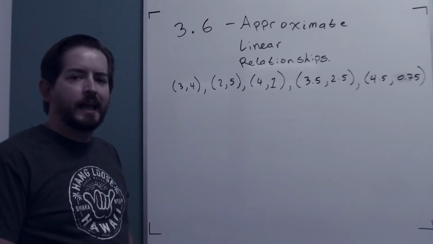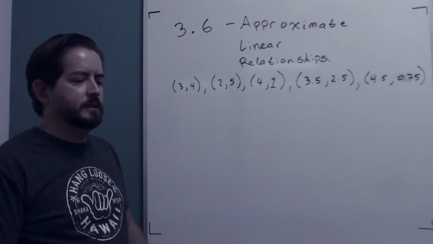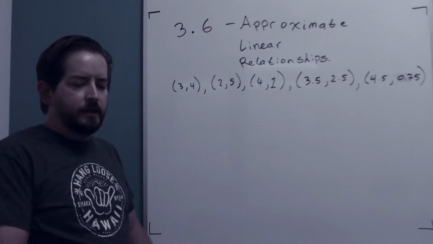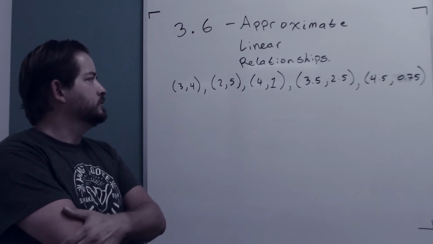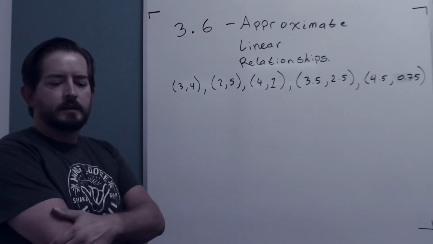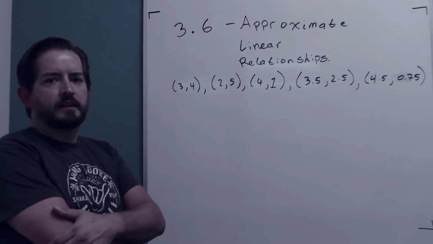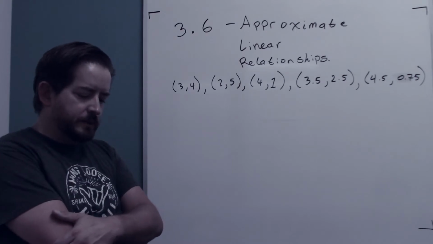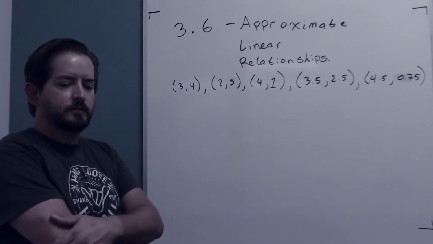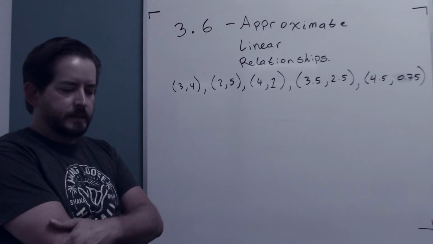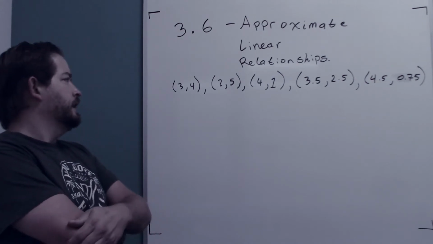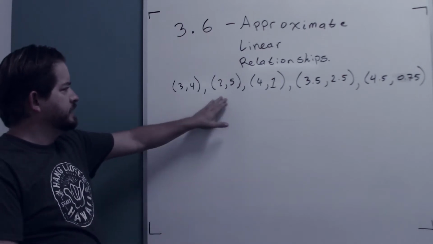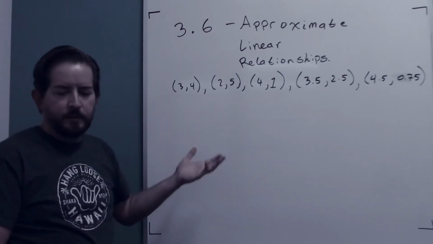The math is very nice and clean with straight lines, but in practice, you rarely see a straight line come out of some data set. So that's what this section is on, how to approximate an equation for what we see. So I've got a few data points here, whatever this data might represent.